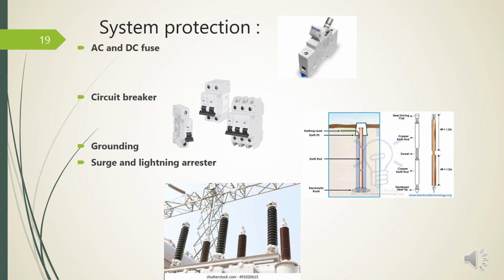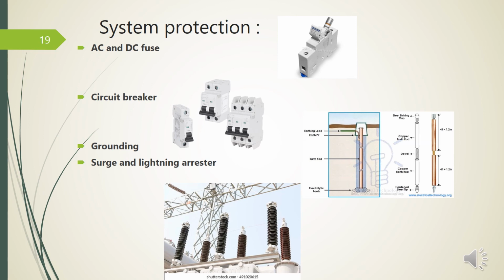AC and DC fuse is a safety device that is installed in series to protect against overflow of current. A circuit breaker is also a safety device that automatically switches off to protect an electrical circuit from damage caused by excess current from an overload or short circuit.